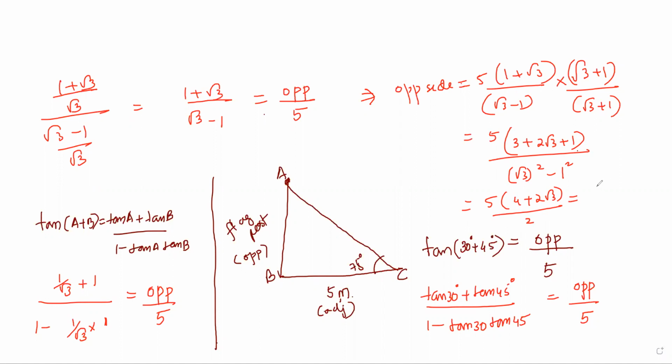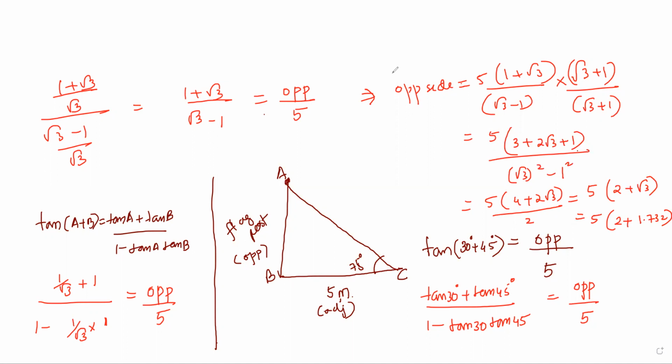So now just put the value of root 3. Or if you want, you can cancel here, 5 into, this will become 4 and 2 will go. So 2 plus root 3 and 2 will go 1. So that will be easy. So 5 into 2 plus root 3, root 3 is what? 1.732, isn't it?